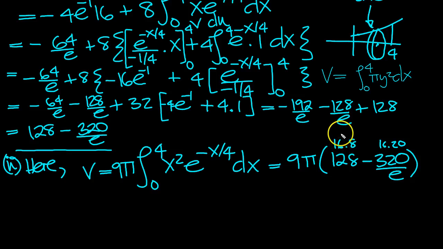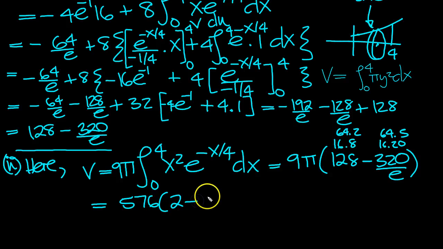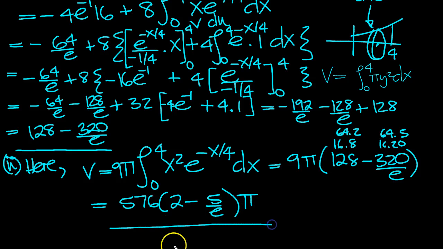So there's a 32 common. Oh, there's a 64 common. 64 times 2 and 64 times 5. So it's equal to 9 times 64, which is 576, and then it's 2 minus 5 over e. Lots of pi. Don't forget the pi.